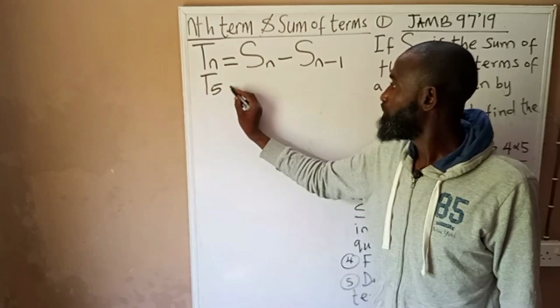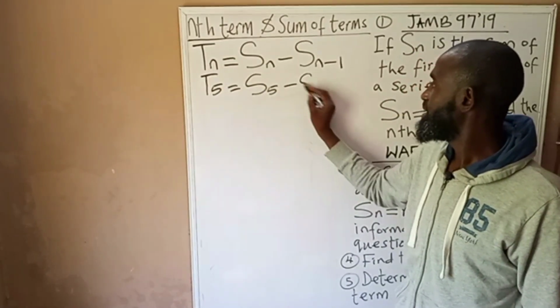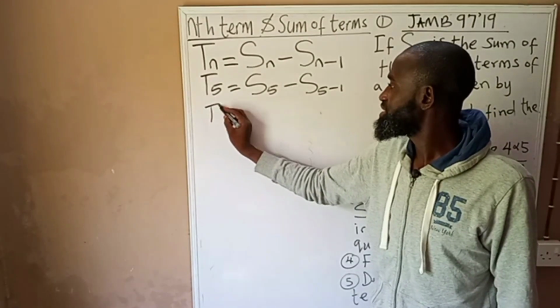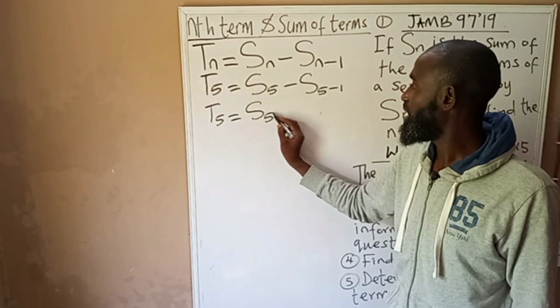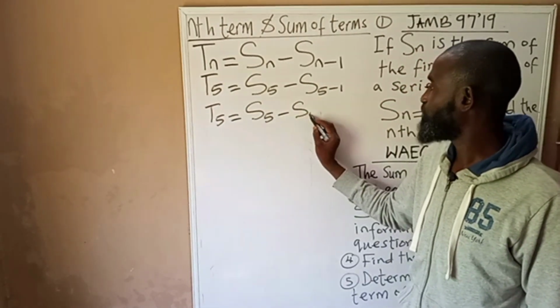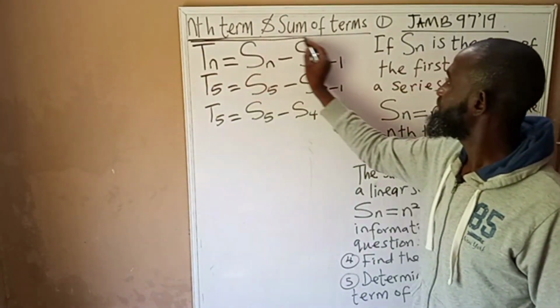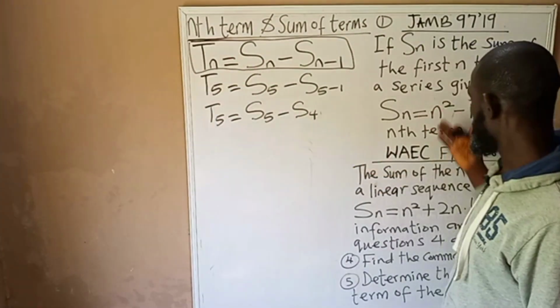So, for example, if we are being asked to find the fifth term, T5 will be equal to S5 minus S5 minus 1. So this formula becomes T5 equals S5 minus S4. Okay class, this formula is very, very important, as we are going to use it to solve these two questions.